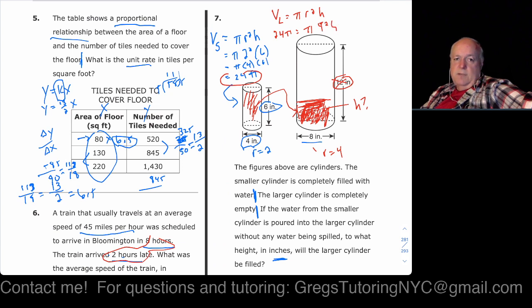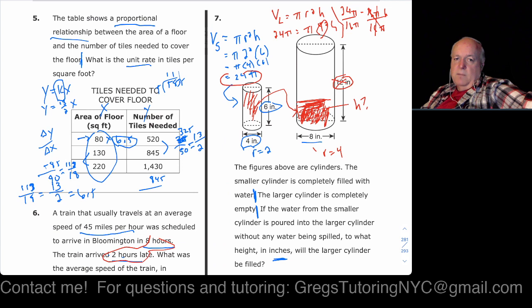And that's going to give us 24 pi is equal to, if 4 squared is 16, we're going to get 16 pi h. And then to get h by itself, we're going to divide both sides by 16 pi. Okay? The 16 pi's cancel, so we have h equals 24 pi over 16 pi, right?